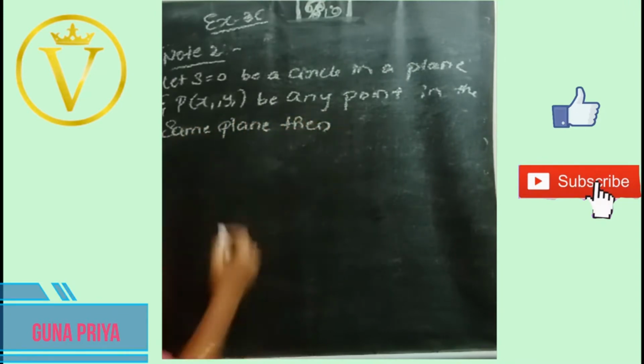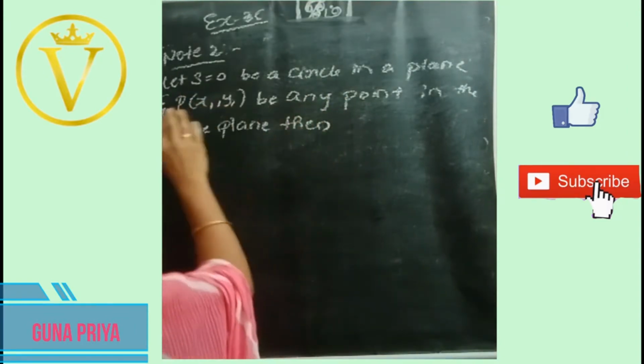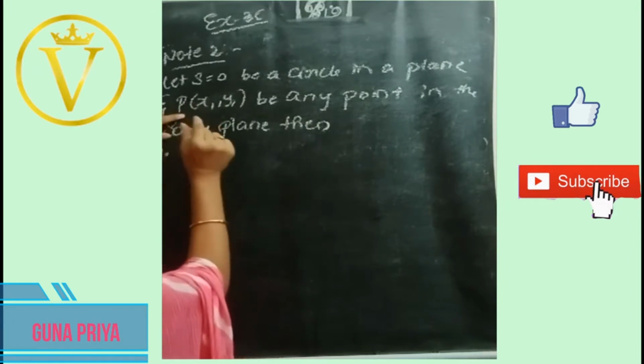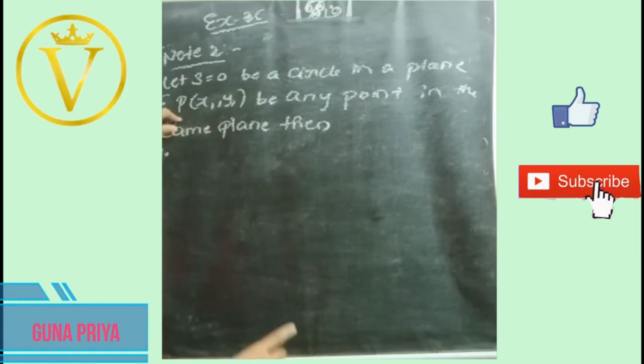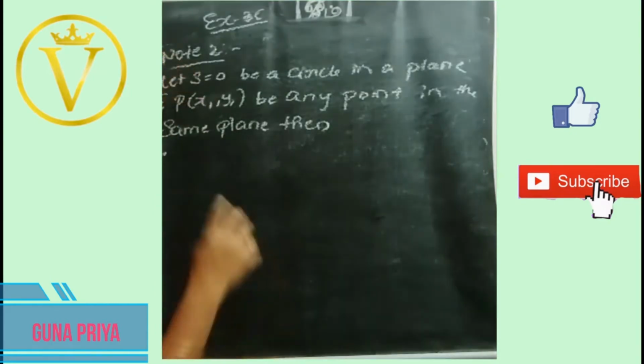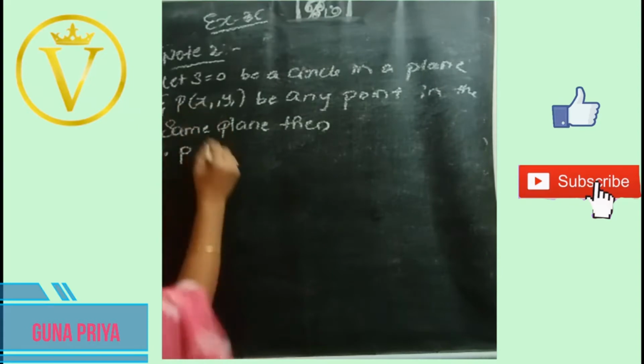what they have said: S equals to 0 be a circle in a plane, and the point they have given, x1 comma y1, be any point in the same plane. Then what will be the first note?